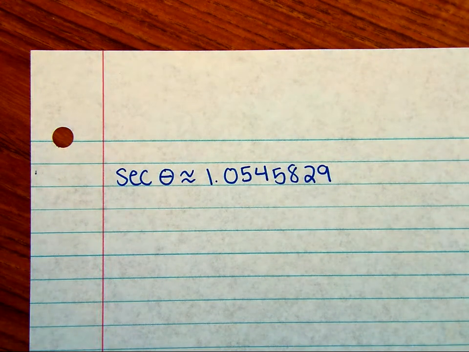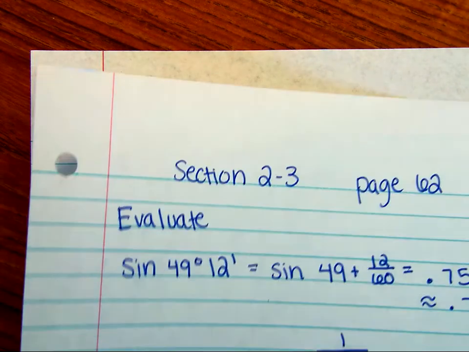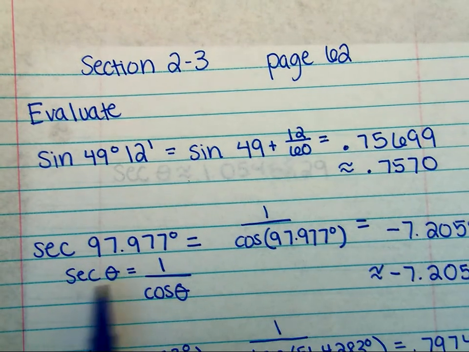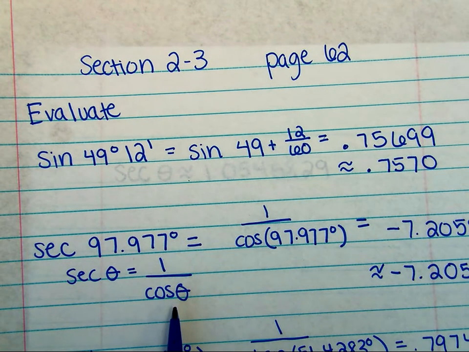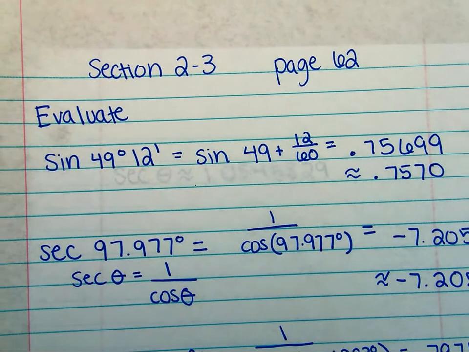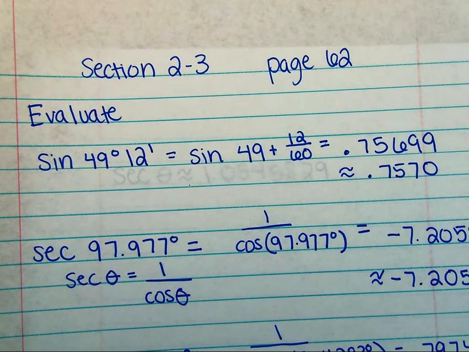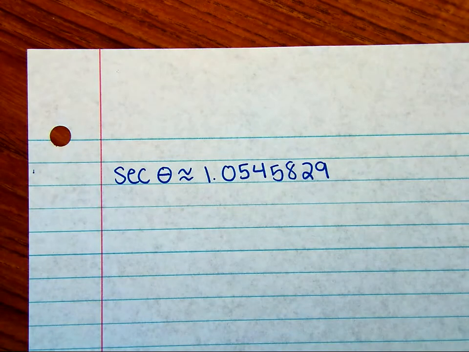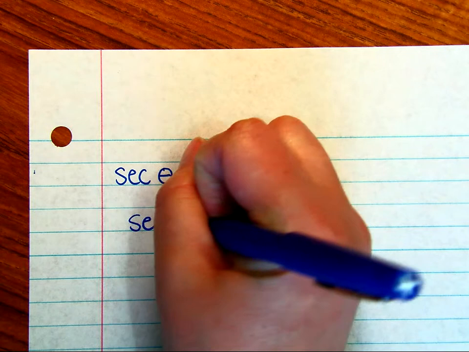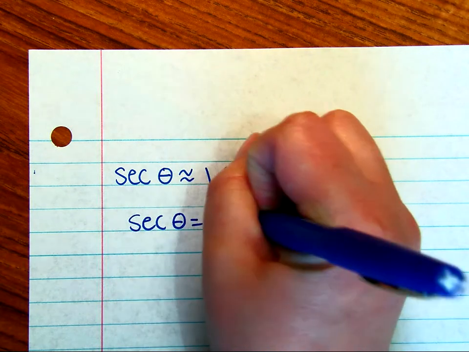Well, you could try to look back at what we did before when we were evaluating secant. Notice we recognized that secant was 1 divided by the cosine of theta. Okay, so we did 1 divided by the cosine of 97.977. These are a little bit different. You do need to remember that secant theta is equal to 1 divided by cosine theta.